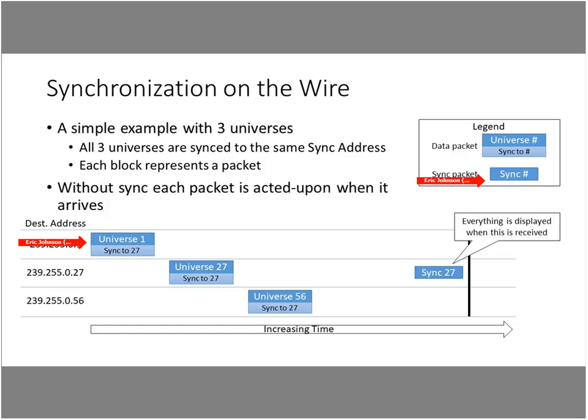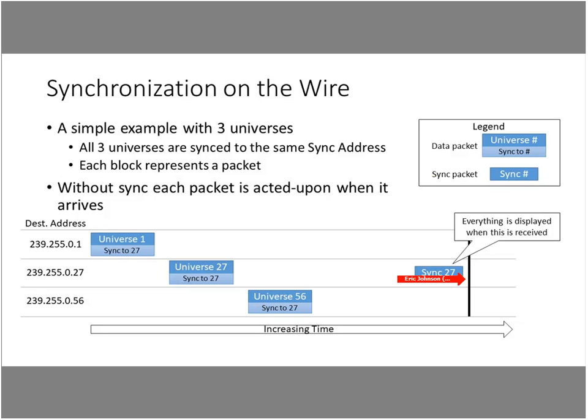You play out universe 1 on its multicast address. You play out universe 27. You play out universe 56. But you notice that the sync address field in all of these packets is set to 27. So after these have all been sent, then the sync packet is sent on universe 27. When this packet arrives at the black line here, that means present this data.